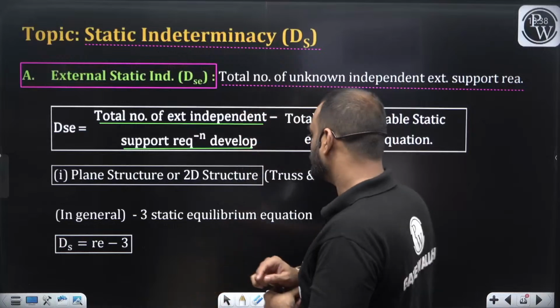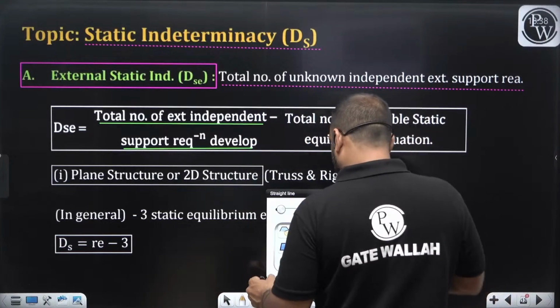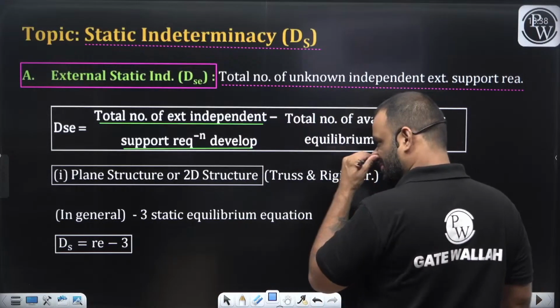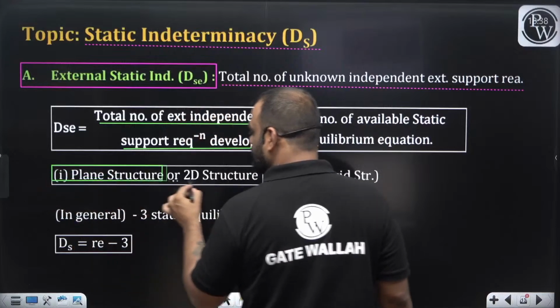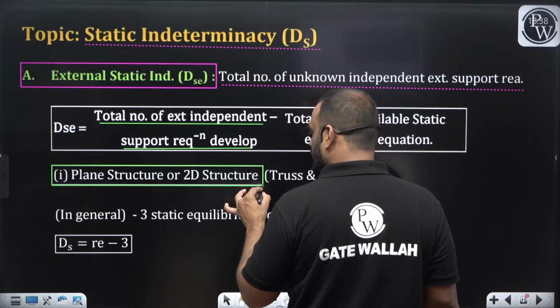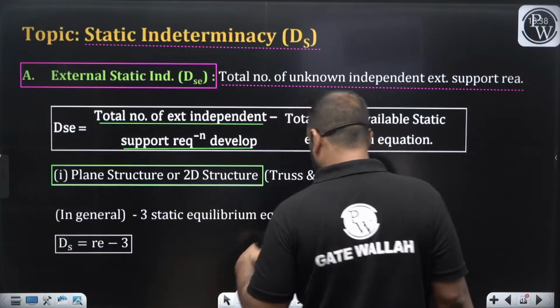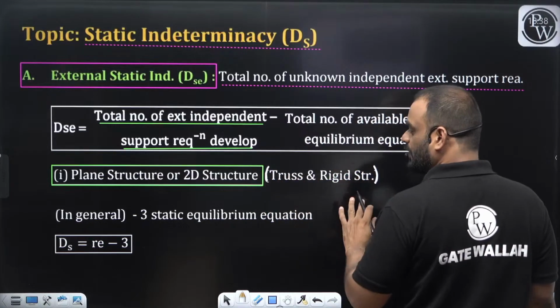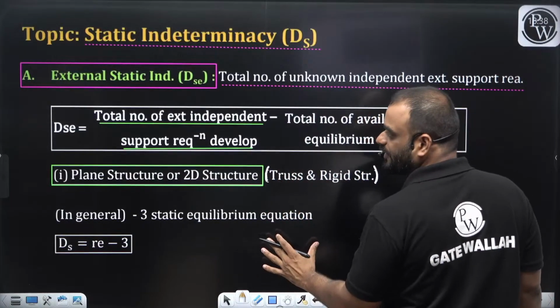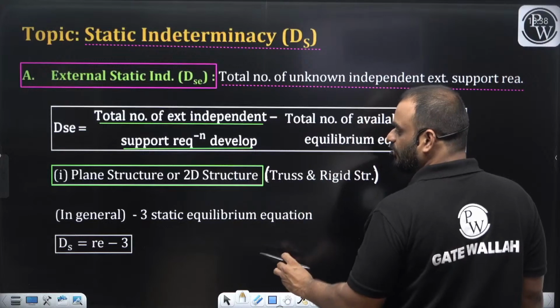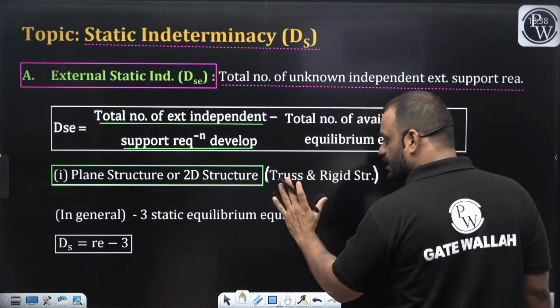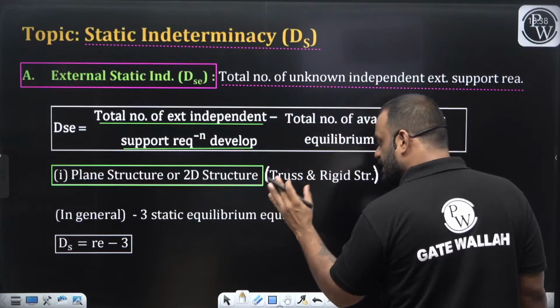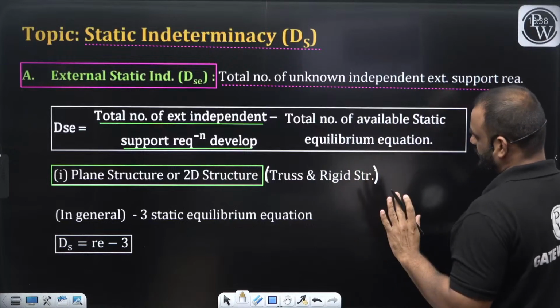So we'll start with the plane structure first, which is known as 2D structure. In case of 2D structure, we'll cover both truss, which is a pin jointed structure, as well as rigid jointed structure. Whatever formula we develop here is applicable for both.